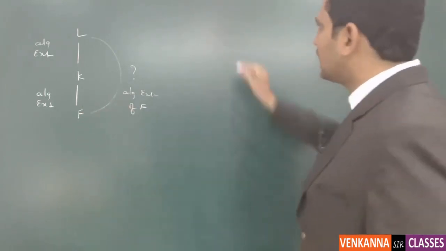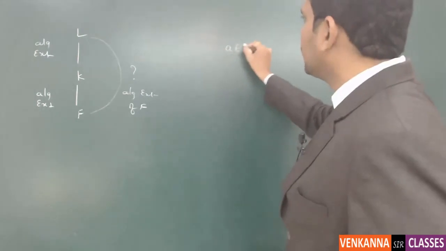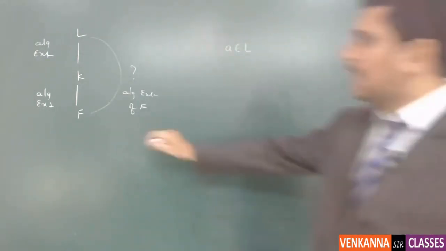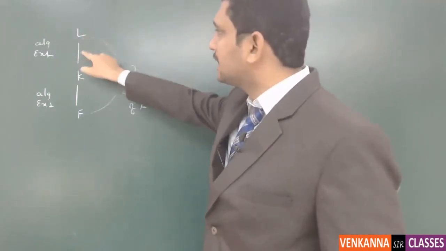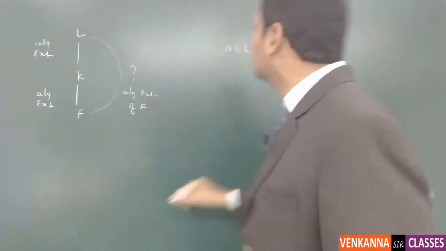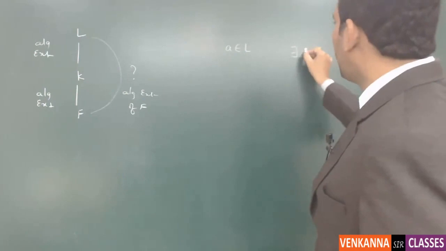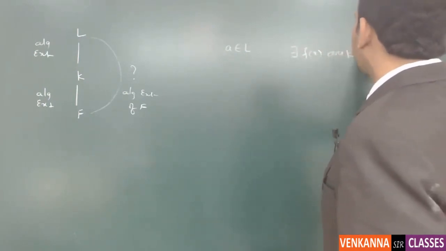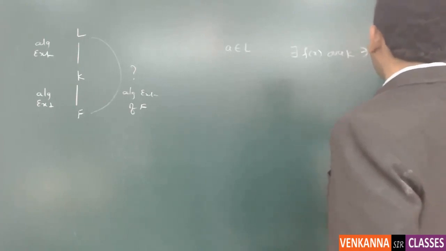So first of all, let us take that A belongs to L. Immediately, I can say that since L is an algebraic extension of K, there exists a polynomial f(x) over K such that f(A) is equal to 0.